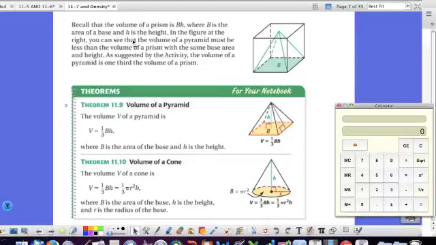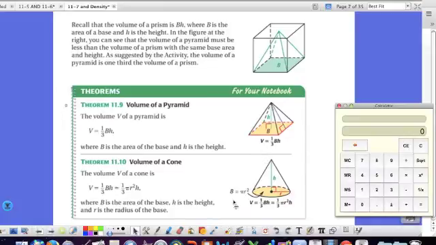In the figure at the right, you can see that the volume of a pyramid must be less than the volume of a prism with the same base area and height. As suggested by the activity, we didn't do it, but the volume of a pyramid is 1/3 the volume of the corresponding prism. So for a pyramid, we find the area of the base, multiply by the height, and divide by 3.